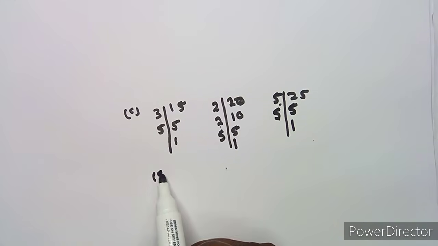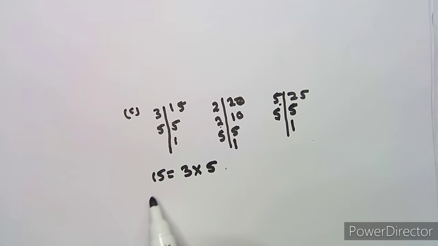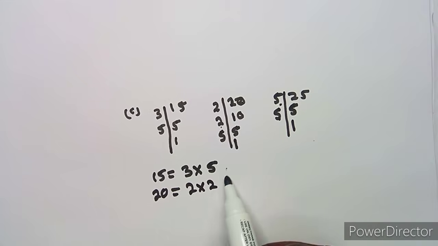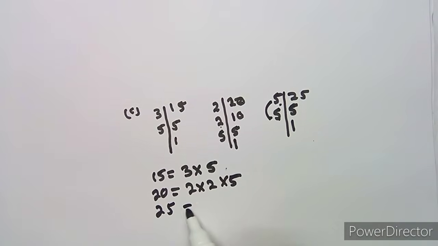So which means 15 is the same as 3 times 5. 20 is the same as 2 times 2 times 5. Then 25 here is the same as 5 times 5. So that's what we have there.